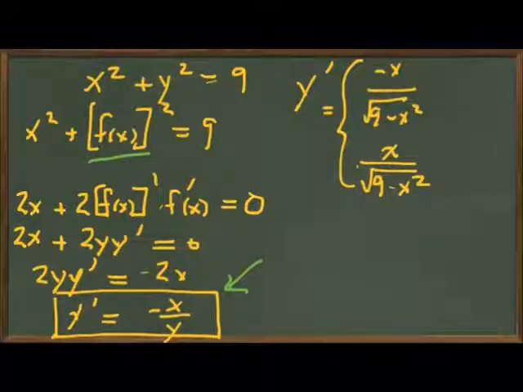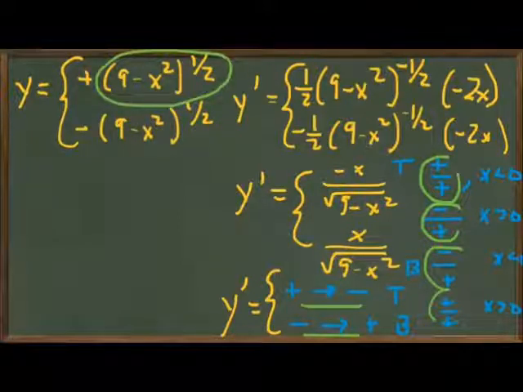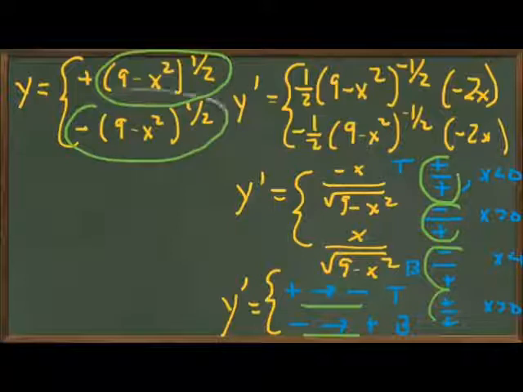So this is what we had before, these two expressions for y prime on the top and bottom half of the circle. But note that on the top half of the circle, y was the square root of 9 minus x squared, and on the bottom half of the circle, y was minus the square root of 9 minus x squared.